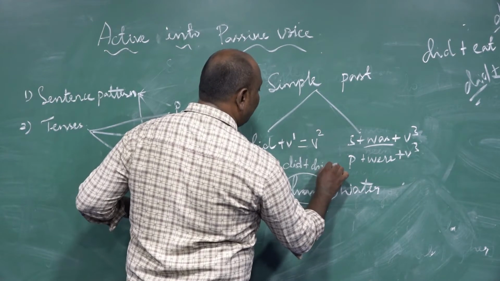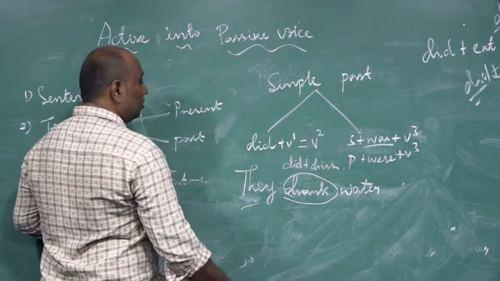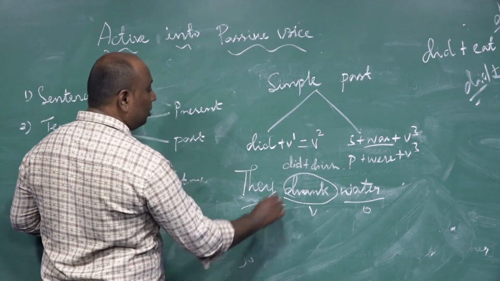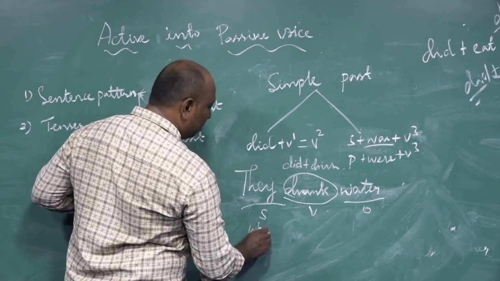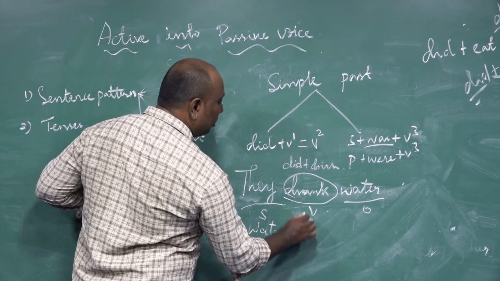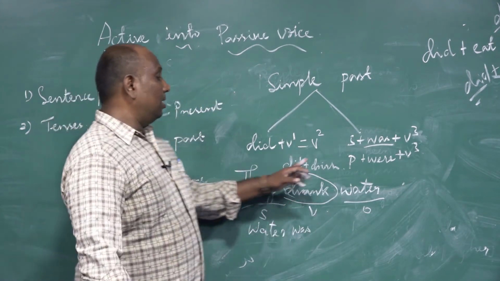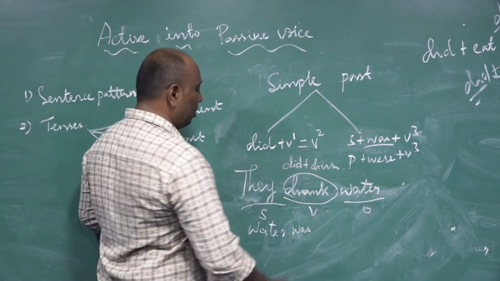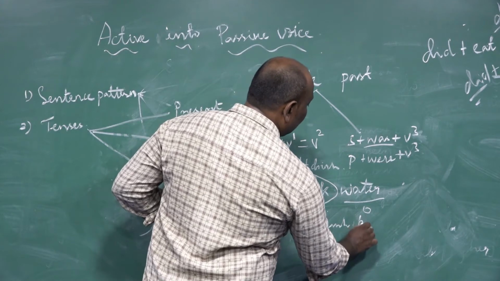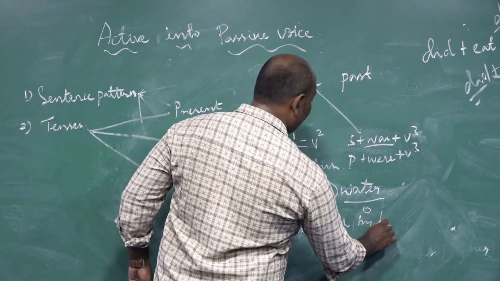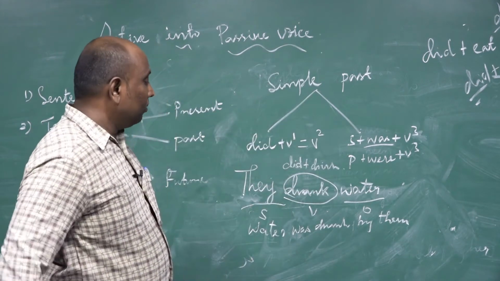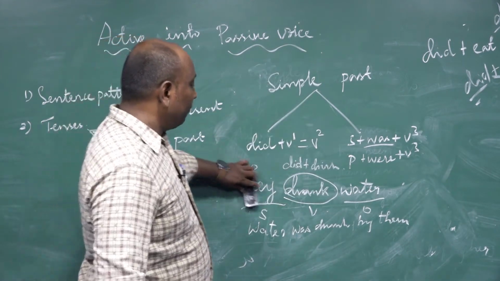Did plus drink has changed as drank. So water is the object, drank is the verb, they is the subject. So the object will come in place of the subject, water. So water was, what is the three form for drank? Drink, drank, drunk. So we have to write drunk. By them. So we have to write like this.